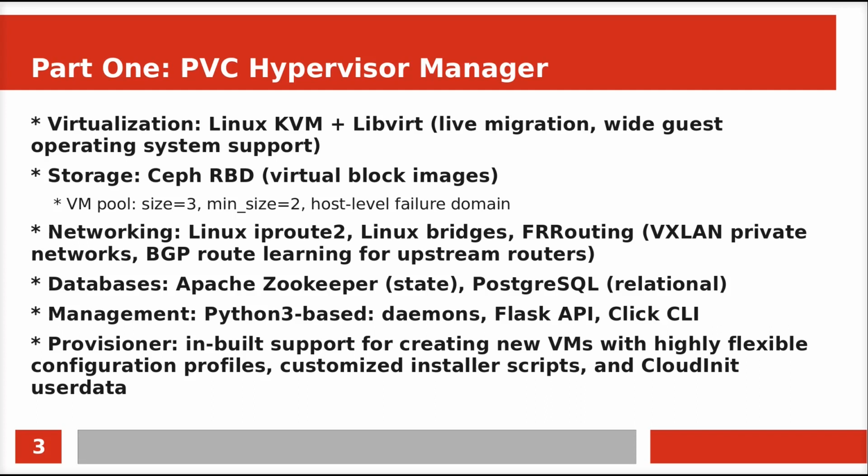In the default config, we're using a setup that in Ceph terminology is size equals 3, min size equals 2, and a host level failure domain. So what that actually means is, for every block of data that's written to the storage cluster, it'll write 3 copies of that data, ensuring that those 3 copies are on different hosts rather than just different disks.